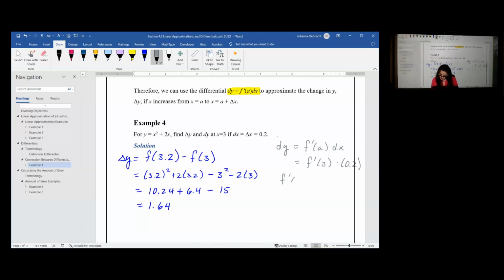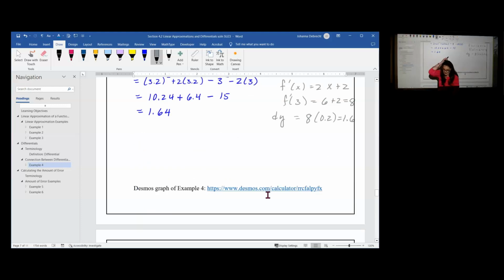The derivative of my function is 2x plus 2. If I evaluate that at 3, I end up with 6 plus 2, or 8. Then the differential dy, the change in y on the tangent line, becomes 8 times 0.2, or 1.6. As you can see, these are close in value. And again, delta x is small, so I am close to 3.